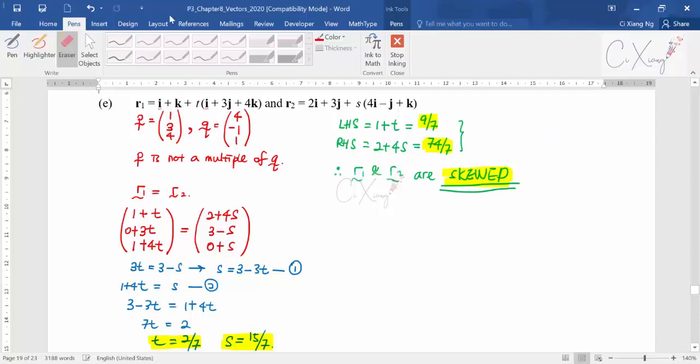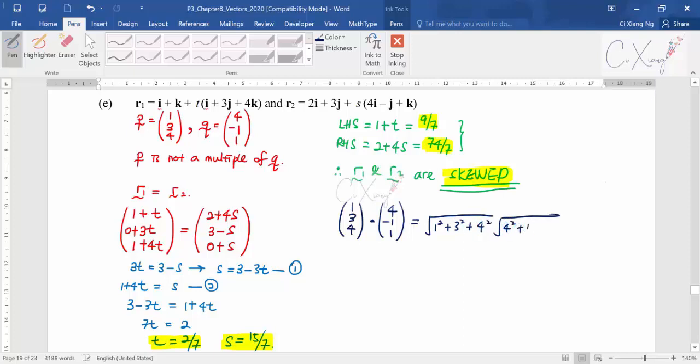So again, to get the angle between the two lines, the steps are still the same, where you use the direction of P dot the direction of Q, for (1, 3, 4) dot (4, -1, 1), equals the magnitude of P, which is root of 1 squared plus 3 squared plus 4 squared, times the magnitude of Q, which is root of 4 squared plus (-1) squared plus 1 squared, times cos theta.